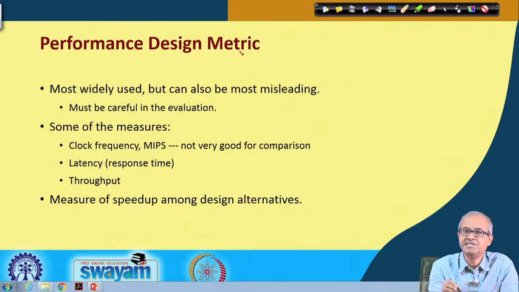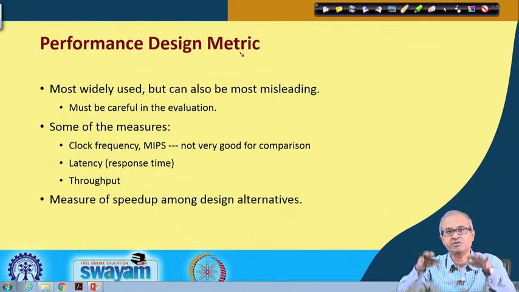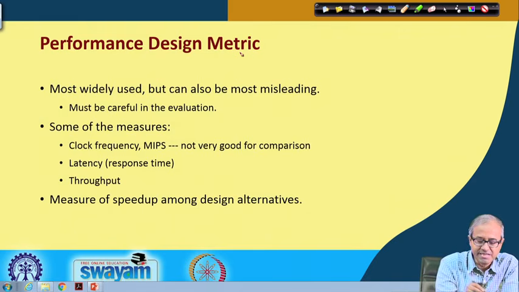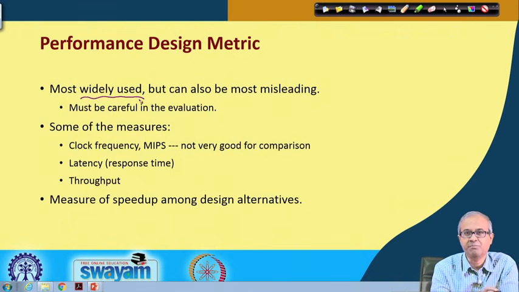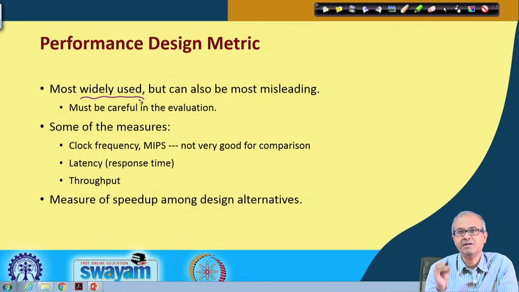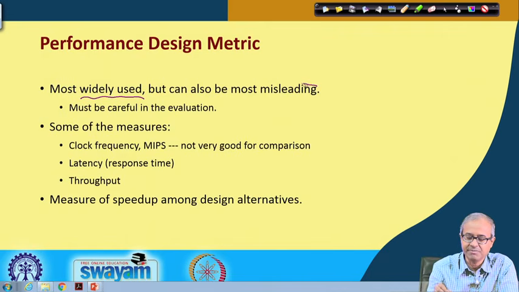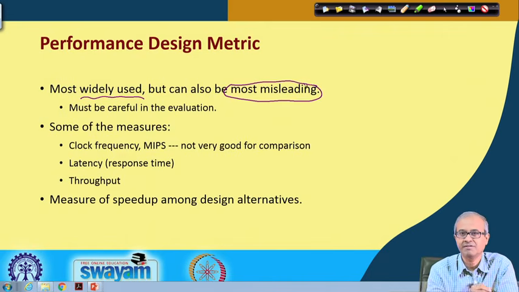These performance design metrics tell you which processor is faster than the other in some respect. These are quite widely used, but it is also true that if you do not understand the meaning of these metrics, they can be the most misleading.